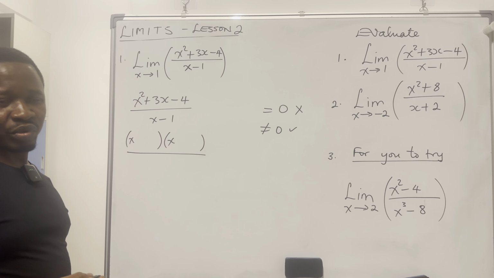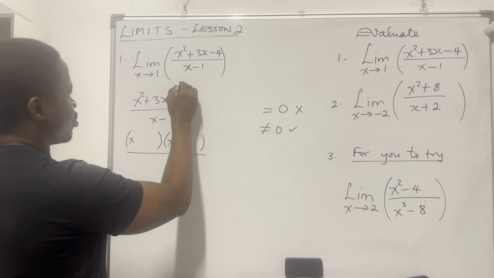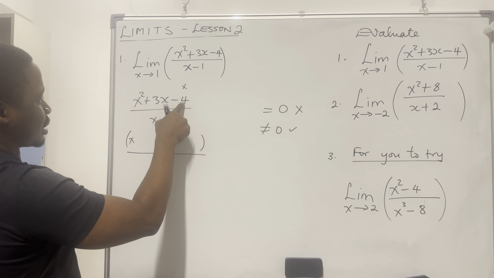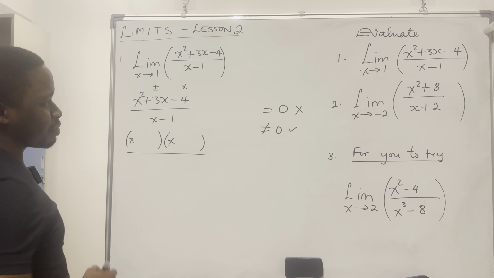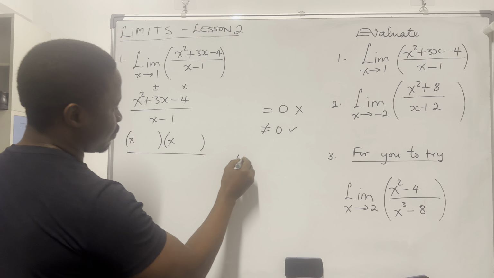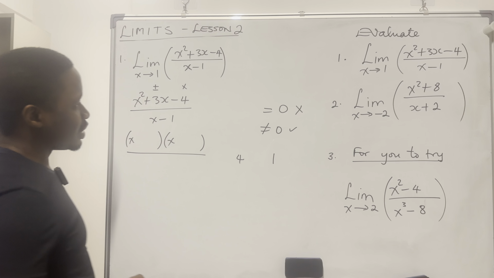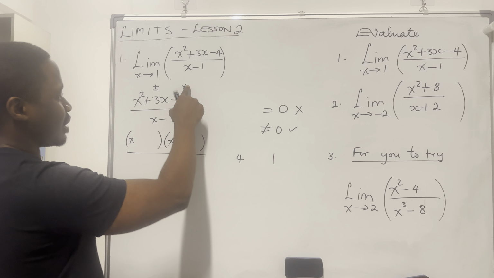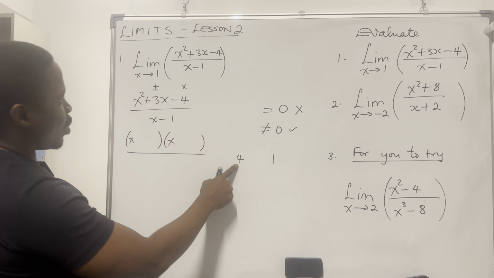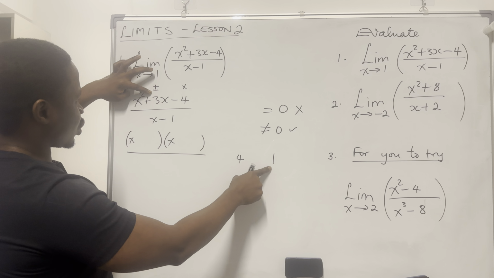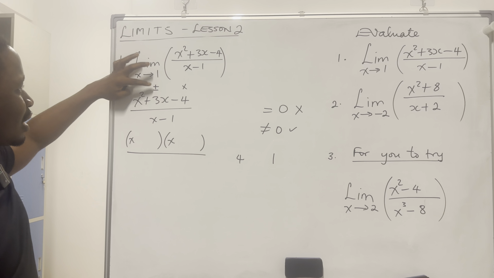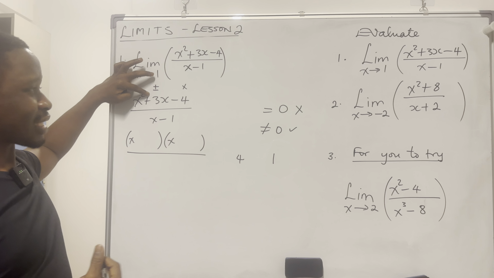Ask yourself this question: what numbers do we multiply to get this, but if we add or subtract, get this? 4 and 1. 4 times 1 gives us 4. 4 plus 1 cannot give us 3, but 4 minus 1 can give us 3. That's why I said we add or we subtract.